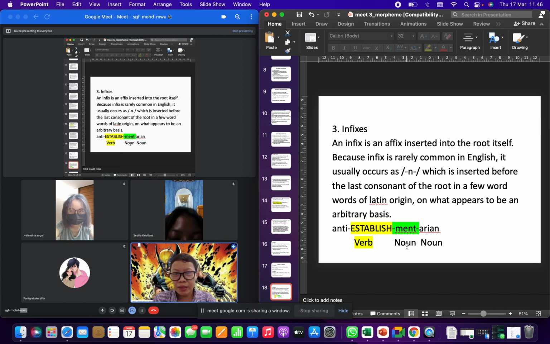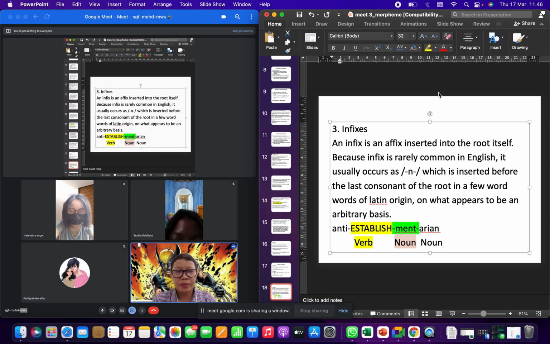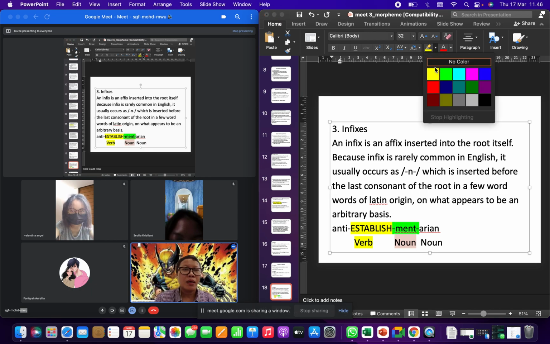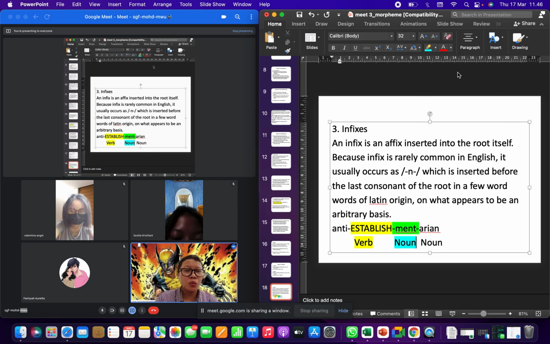Let's see here, our focus now is on the new word. The new word is in the blue highlighted word. So establish is the verb, it becomes establishment as a noun. Even though I put the prefix anti, it becomes anti-establishment, it's still a noun.